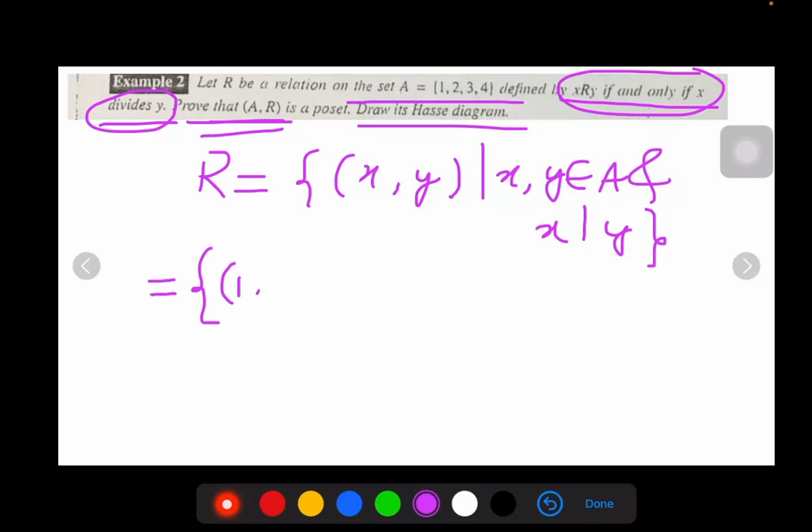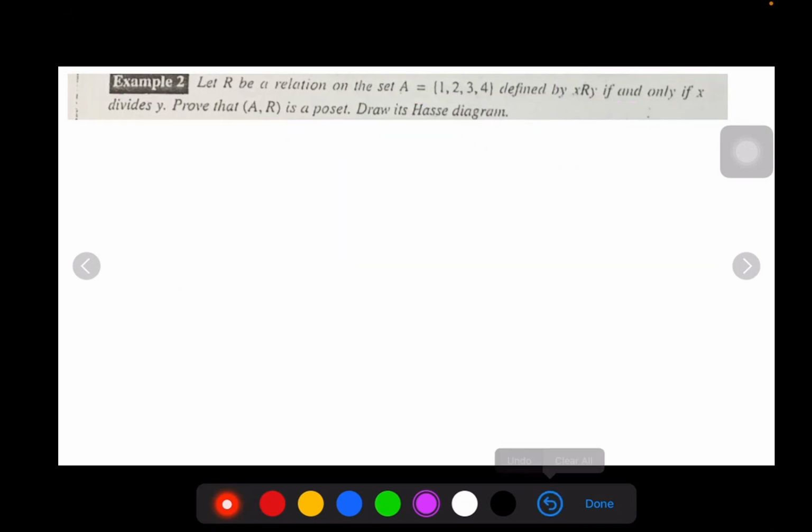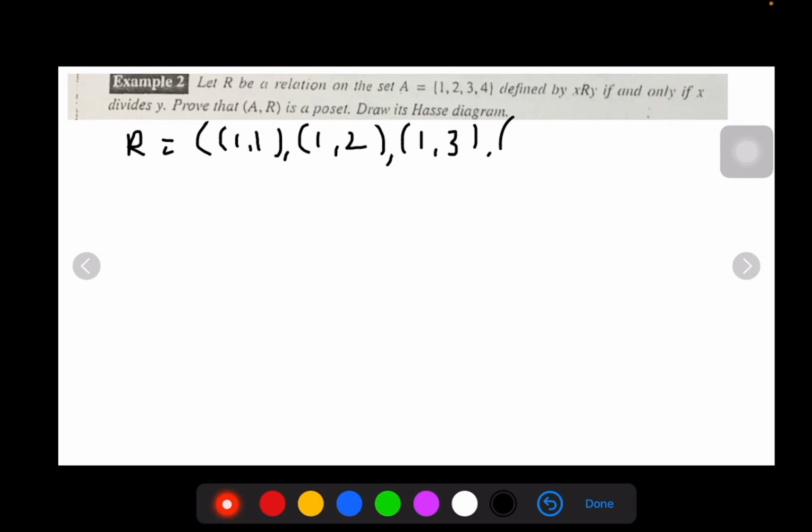So 1 divides all the elements. So 1 comma 1, 1 comma 2, 1 comma 3. Okay, so I will just clear all this and write the elements here. R is 1 comma 1, 1 comma 2, 1 also divides 3, 1 also divides 4. Okay, next 2 comma 2, 2 divides 4. 2 does not divide 3, so I am not writing the pair 2 comma 3.